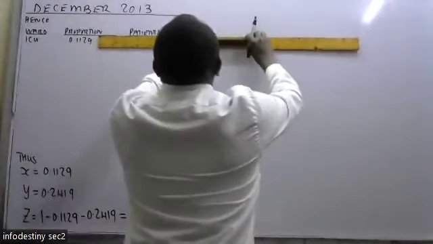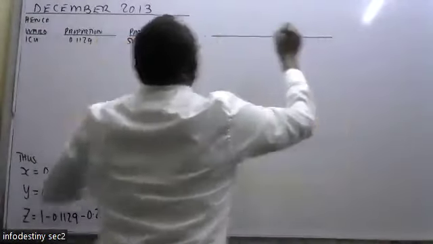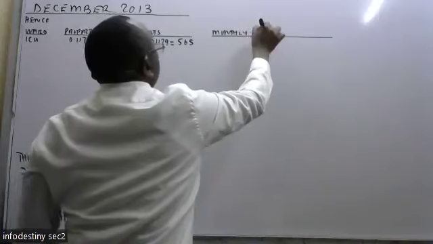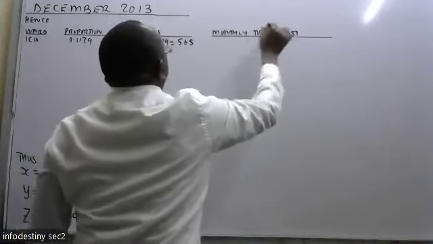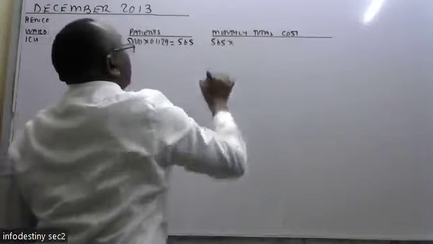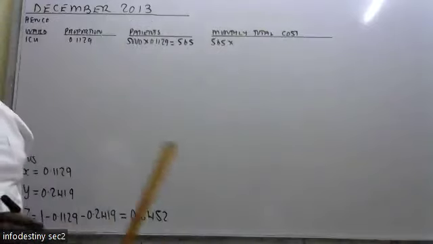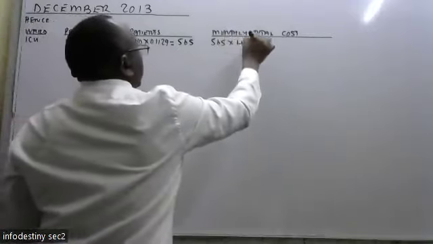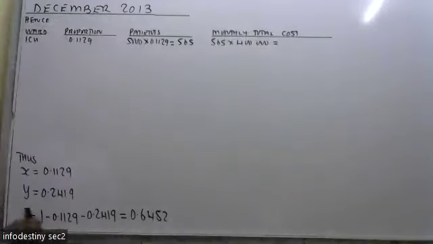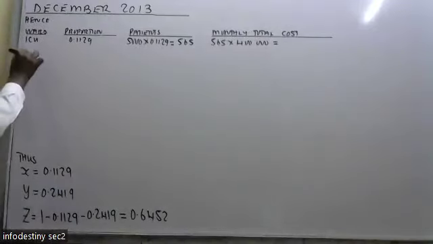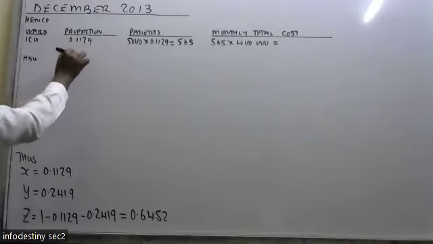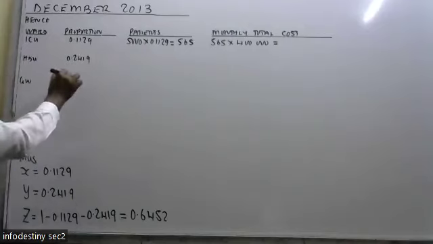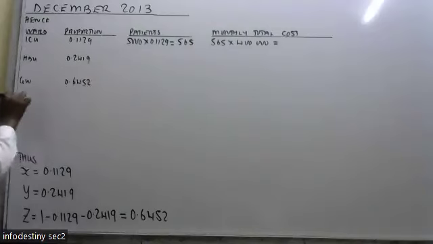And monthly total costs. We have 565 patients, and to maintain a patient in the ICU, the cost is 400,000. You shall do the same thing with the high dependency unit, 0.2419, and the general ward, 0.6452.